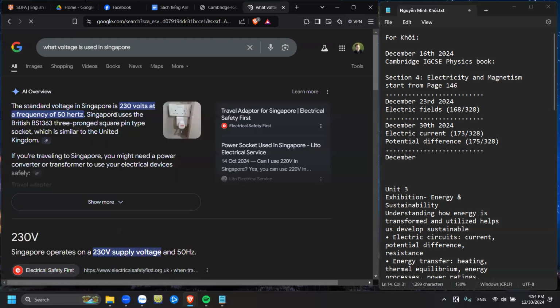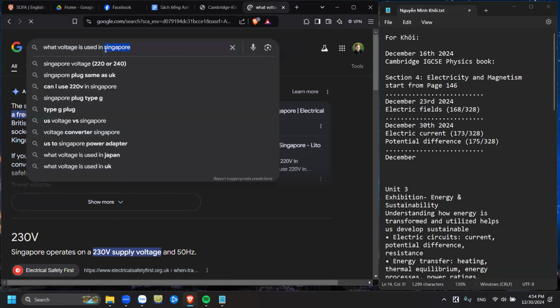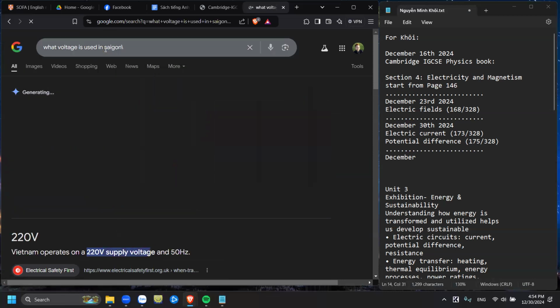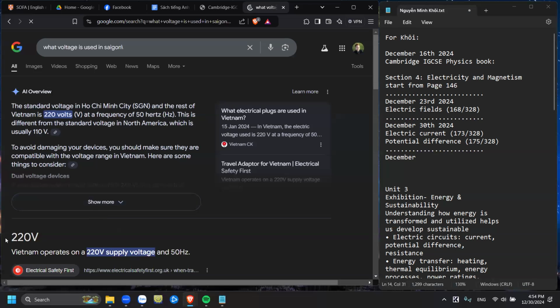The standard voltage in Singapore is 230 volt at a frequency of 50 hertz. And how about in Saigon? It's 220 and 50 hertz, so it's a little bit lower.